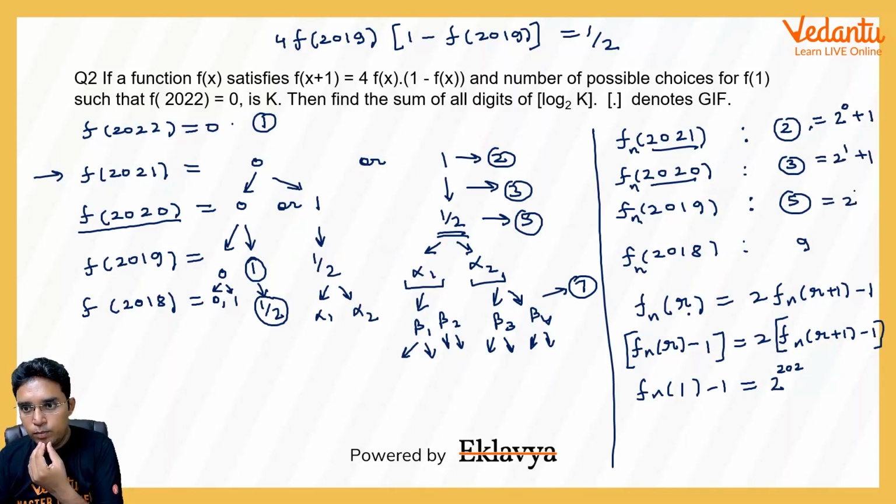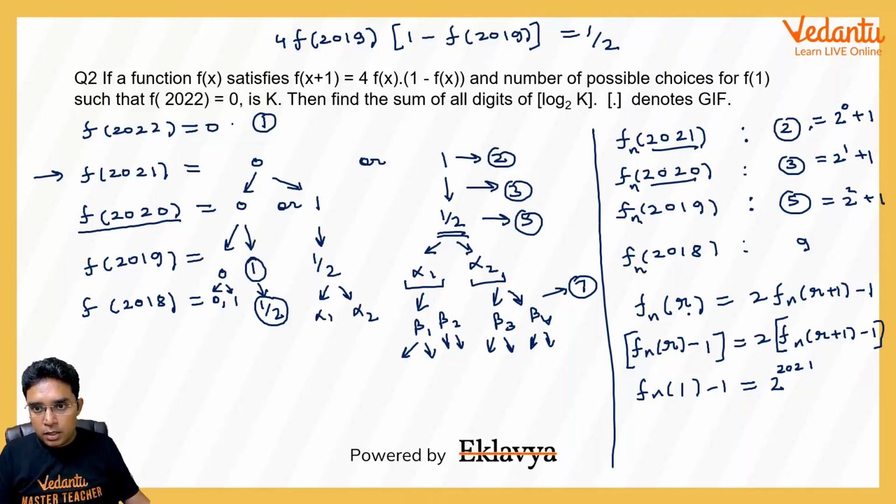This I can write 2 power 2 plus 1. So this f of 1 will be 2021, I think. Yeah, f n 1 minus 1 will be 2 times 2 power 2021. Actually, I could have put r is equal to 2021 here, and that way also we will be able to get this as 2 to the power 2021. So here the number of such possible values for f n 1 will be 2 raised to the power 2021 plus 1.